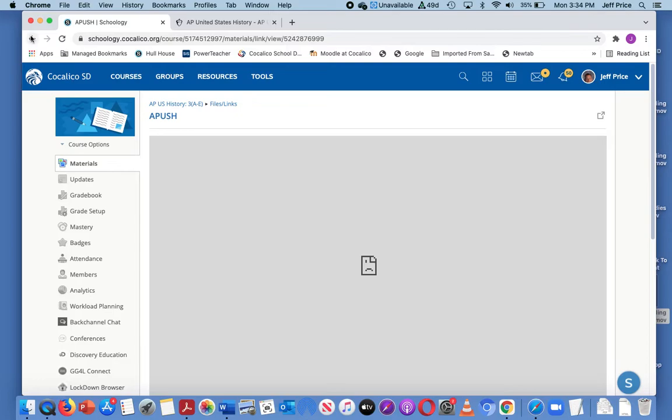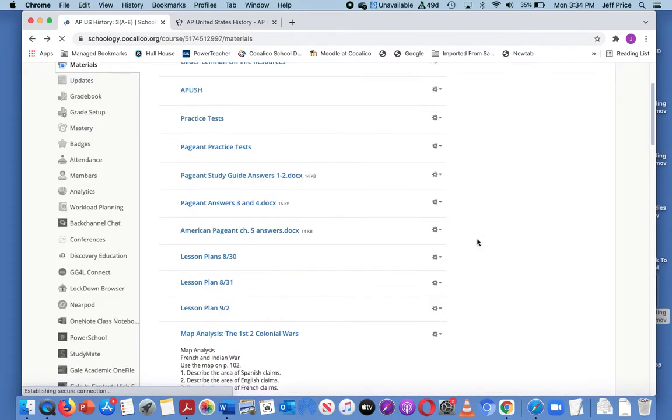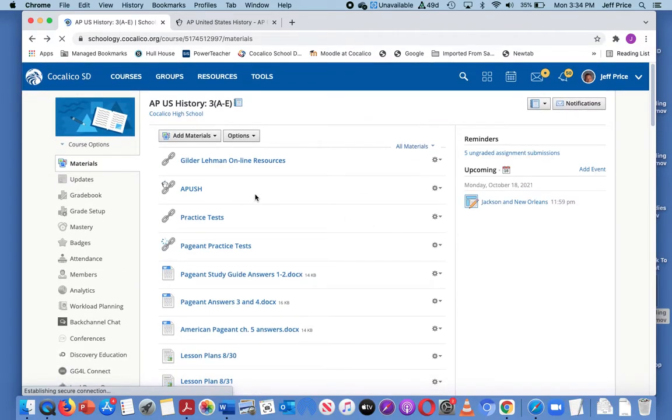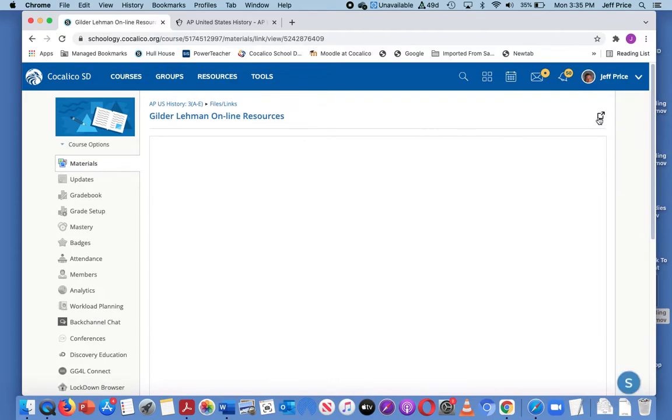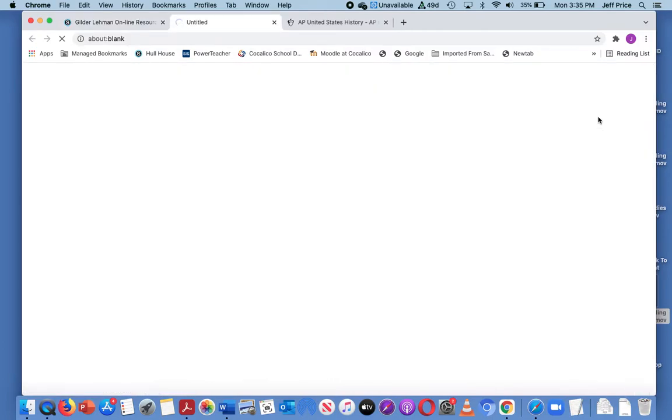I'm going to go back on Schoology for a second here. There are some things that they can check out that I labeled early and marked for their use to get ready for tests. There's the Gilder Lehrman online resources, which includes plenty of advice for AP. I'll just show you really fast what it looks like.